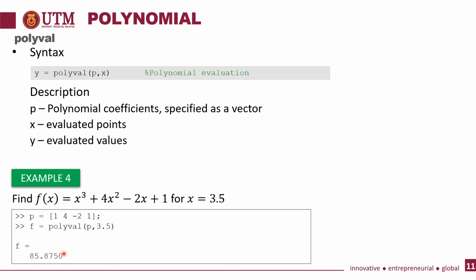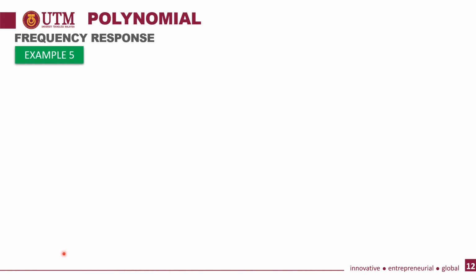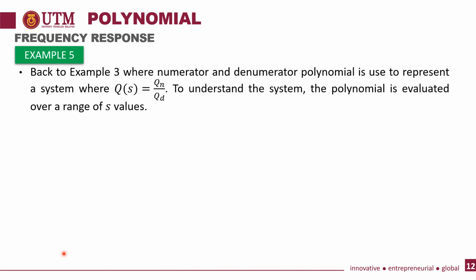All right, next let's take a look at example number 5, which is all about frequency response. For this example, you can go back to example number 3, where numerator and denominator polynomials are used to represent a system where Q(s) equals qn divided by qd. In example 3, we already found the equation for the system, represented by Q(s).